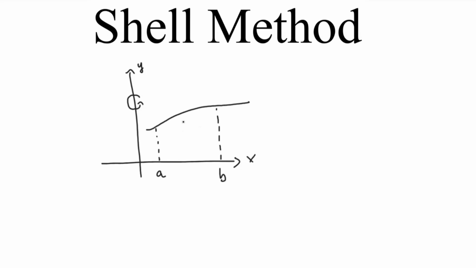The first thing I'm going to do is cut this region into multiple rectangles. When I have multiple rectangles, I let each rectangle rotate around the y-axis, and it automatically generates a cylinder that looks like this.